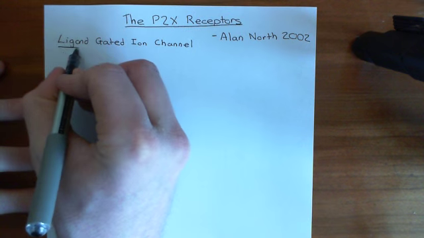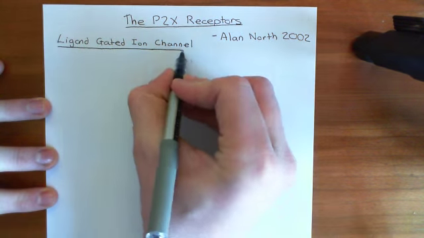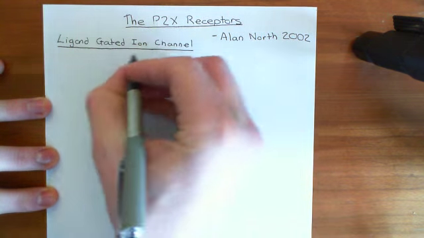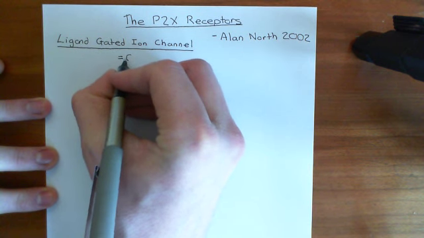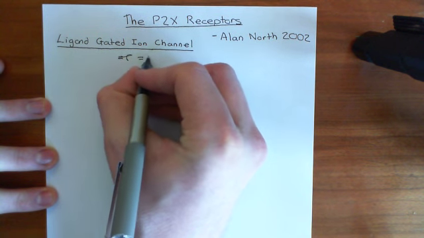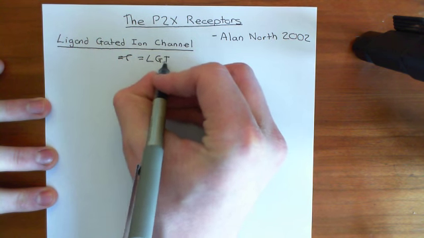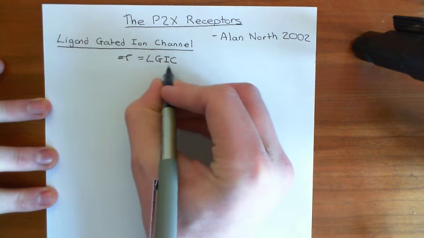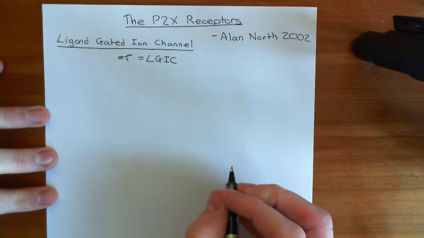So these are ion channels that we can make open by binding certain chemicals or ligands onto them. Ligand-gated ion channels are usually abbreviated to L for ligand, G for gated, I for ion, and C for channel: LGIC.